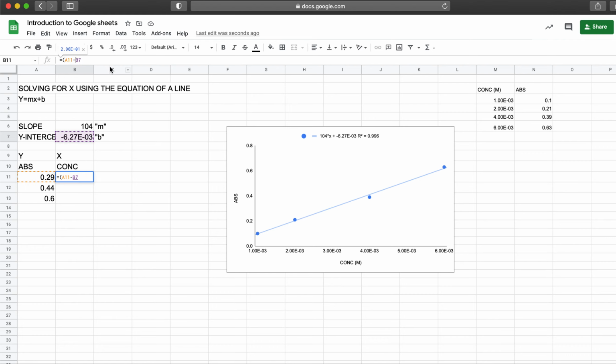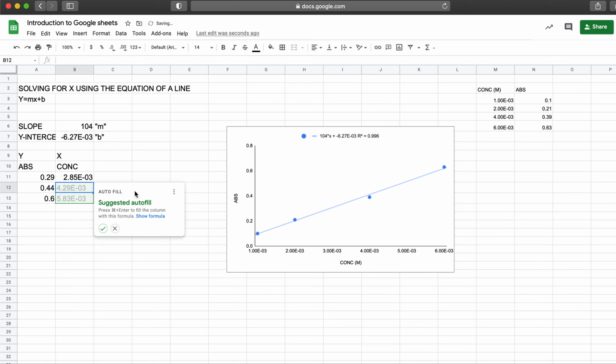I'm going to indicate that by putting dollar signs around b. So y minus b, and then divided by the slope, which is also a constant, because all of these calculations will use the same slope value from the graph. I'm going to put my dollar signs around it as well.